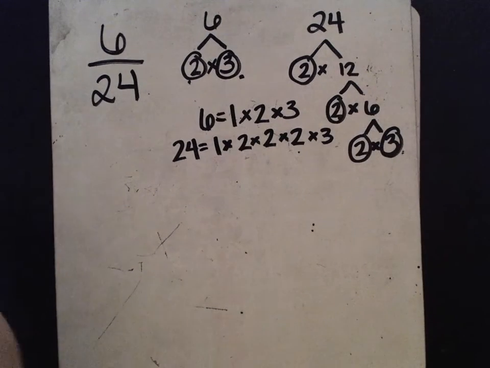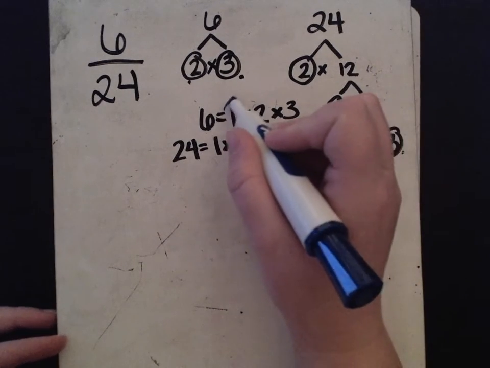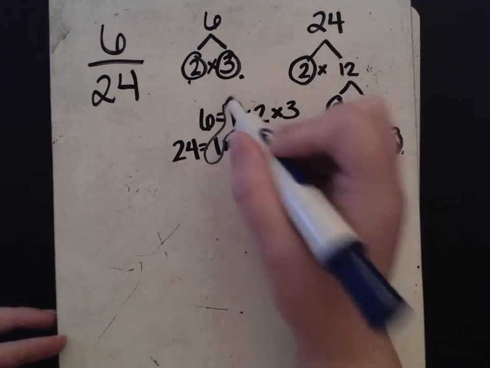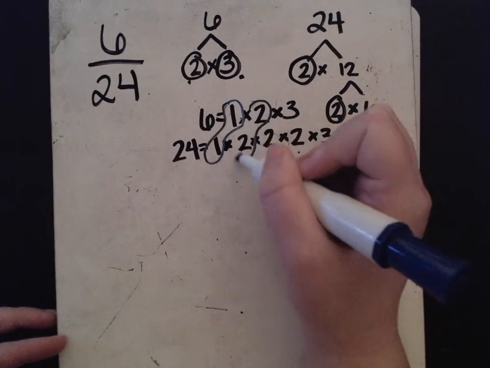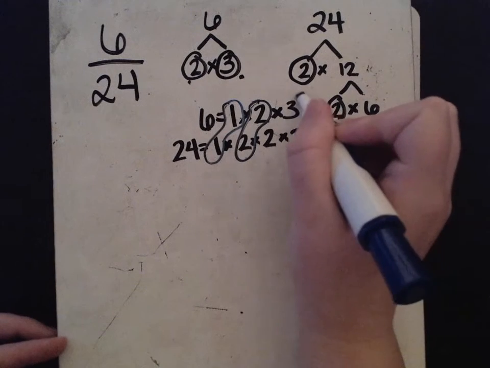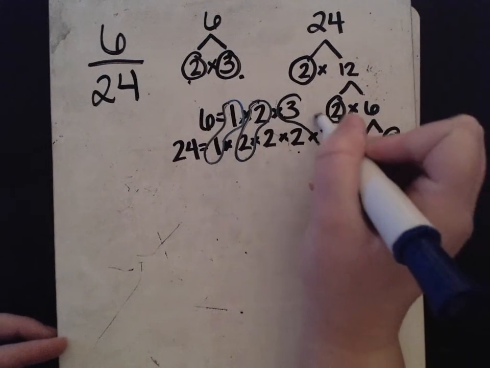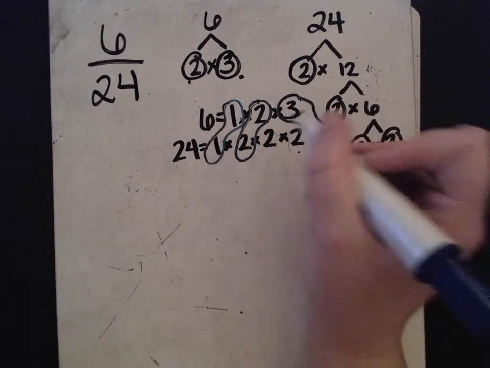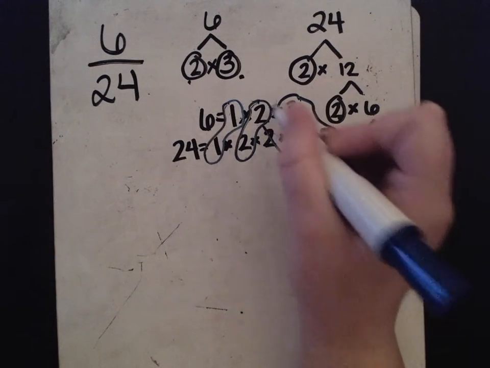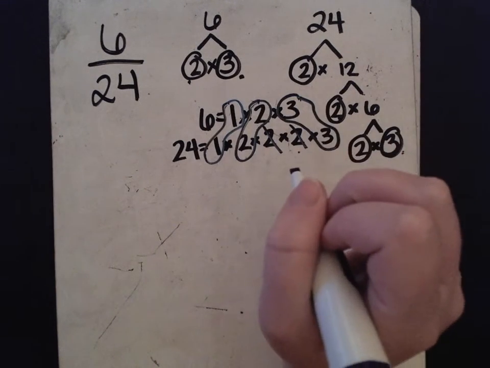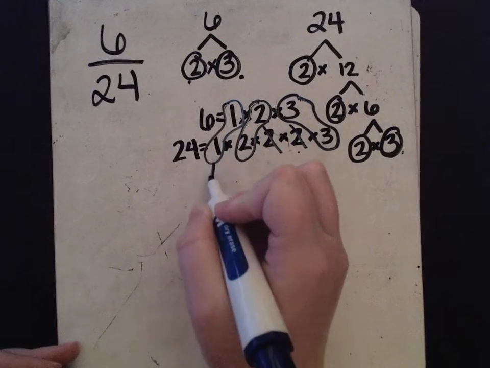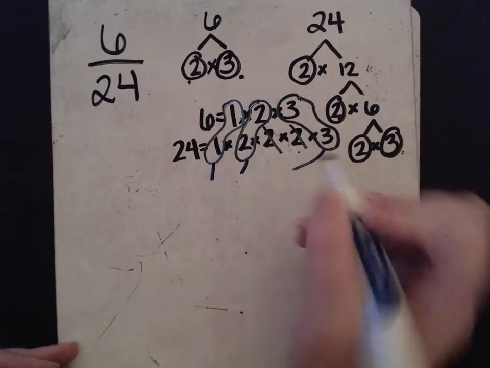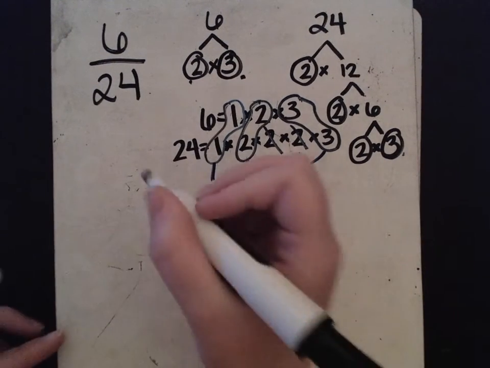Now I go through and circle every pair I have. So I have to have the same number in both lists. So I have a pair of 1s, a pair of 2s, and then I also have a pair of 3s. These 2s I can just cross off because they do not have a match in the list for 6. So remember, you pull 1 out from each pair and multiply to find your GCF.